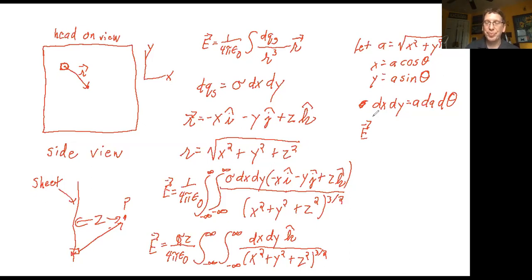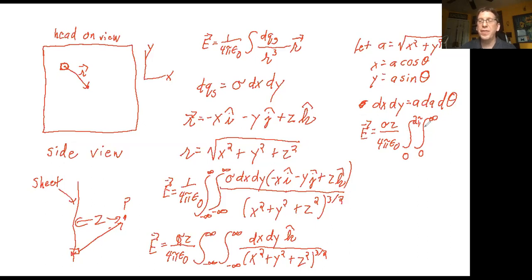So E is then equal to sigma z over 4 pi epsilon naught, and we're going to integrate over the full circle, so that's from 0 to 2 pi, and then the radius of the circle goes from 0 to infinity.